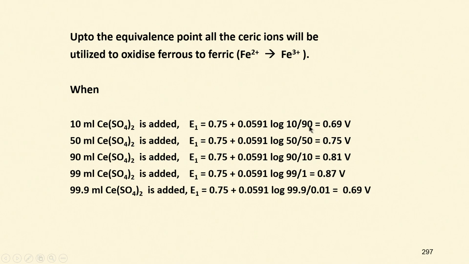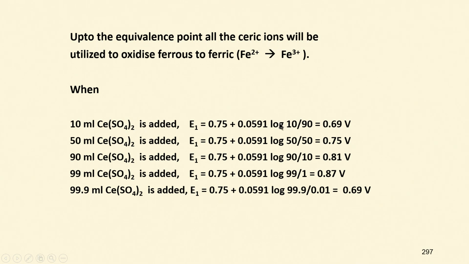Here I am neglecting the dilution. So, actually it can't be 10/90 because I would have taken 100 ml and added 10 ml, but for the time being I am neglecting the dilution effect.